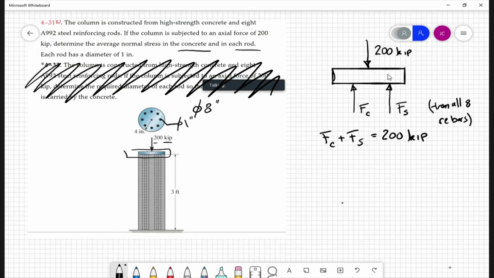So one equation, two unknowns. We have the same situation here, so I need a compatibility equation. Anybody got an idea of what compatibility condition could be conveyed here?